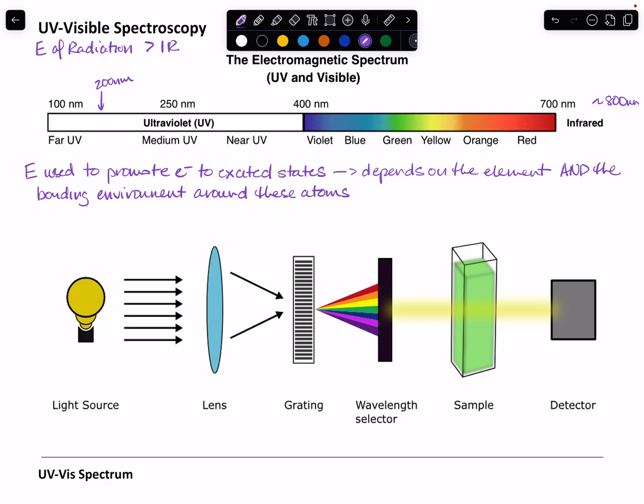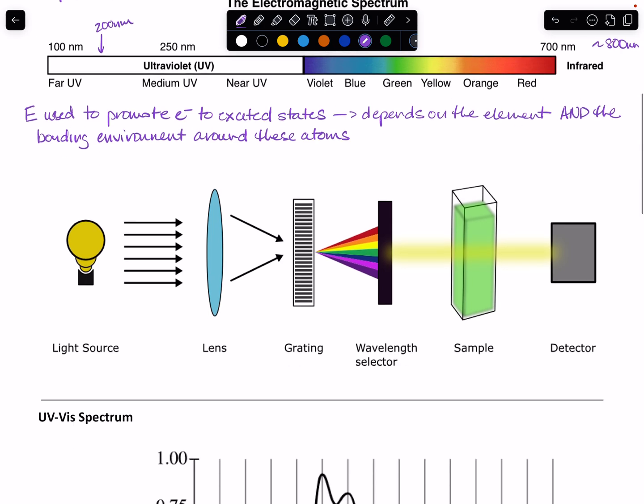So what do we use UV-Vis for? We use it a lot to determine the concentration of compounds within a sample.